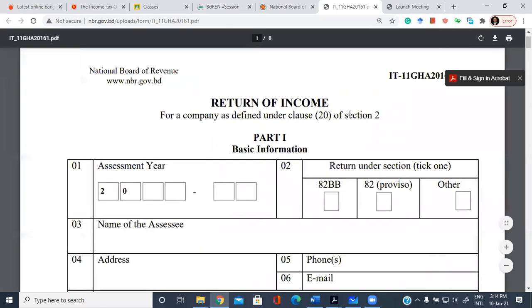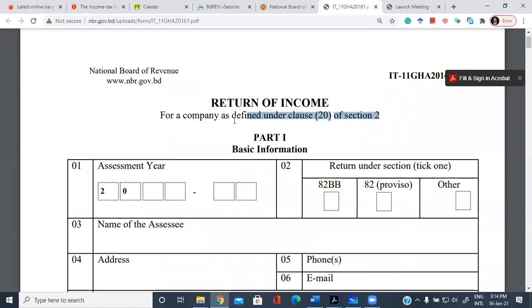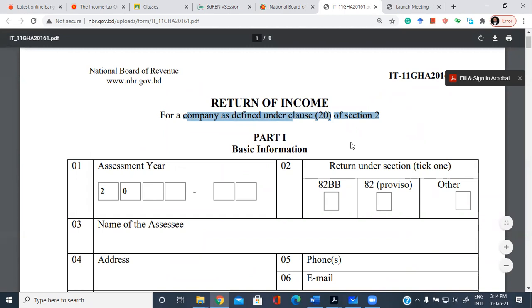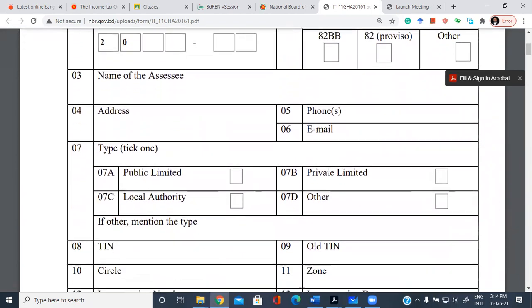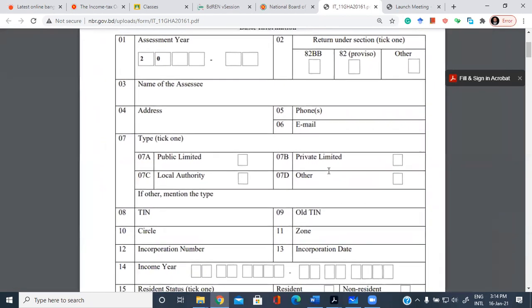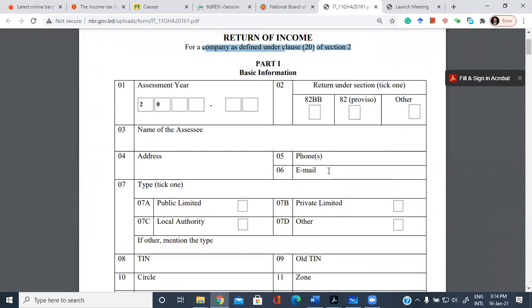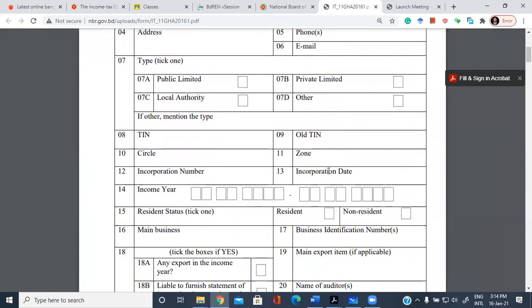Got it? So where the company has been defined in the Income Tax Ordinance, section 2, clause 20. Okay, so you see it is different from the individual income tax return form. Yes, sir.